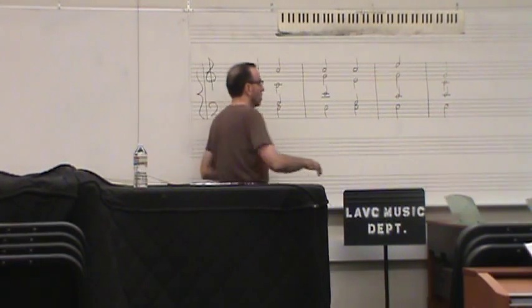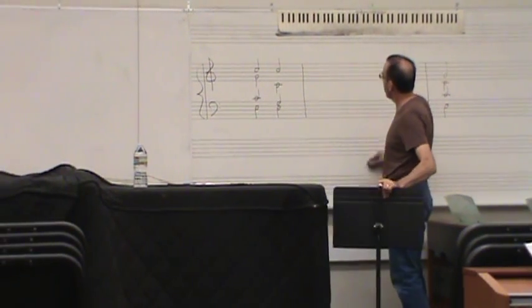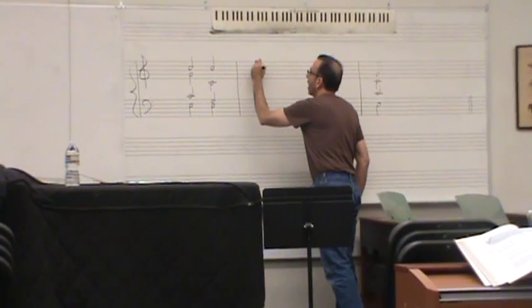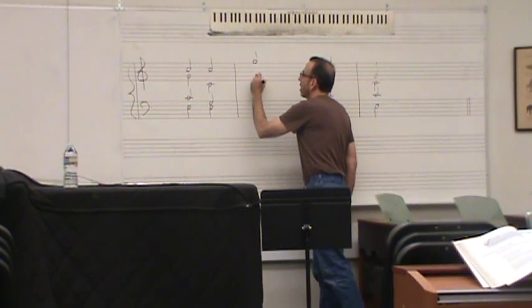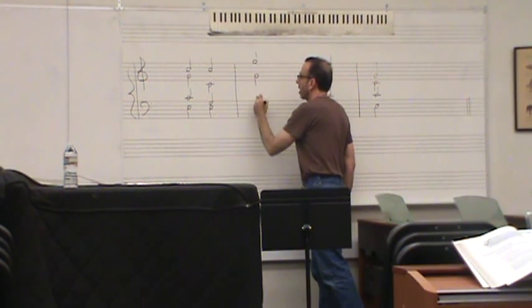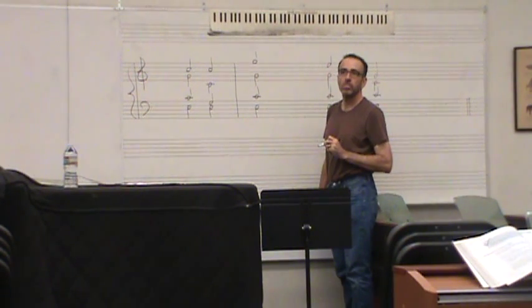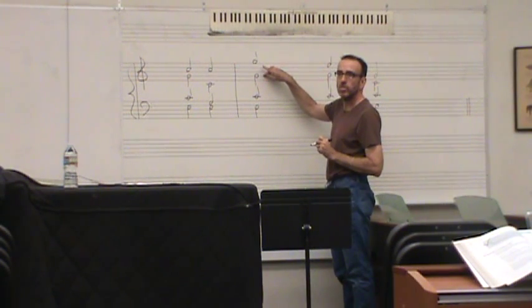Okay, so in other words, if I had a first inversion triad, but instead I had the fifth up there in the soprano, then I would still try and double it with an inner voice like that. So I would still try and double that soprano with one of the inner voices.